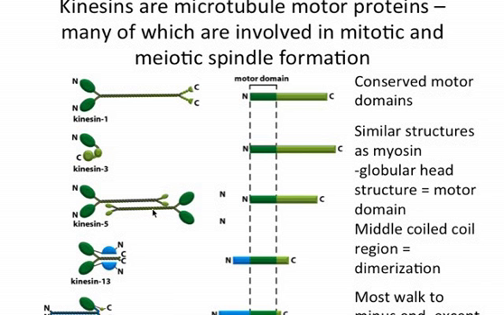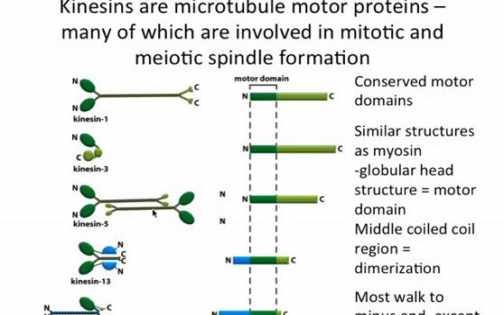Again, just like myosins, they have a conserved motor domain. They're similar in structure to myosin because they've got this globular head structure. That's what walks along the microtubule. And then they have some kind of middle coil region because they dimerize through that.